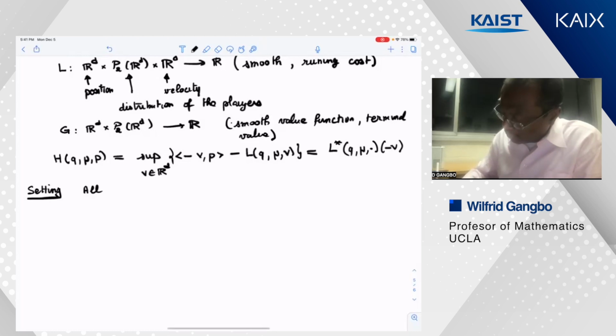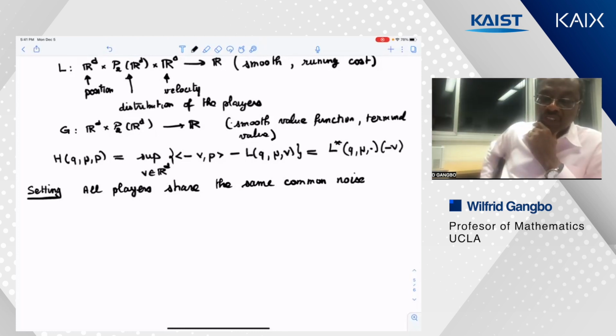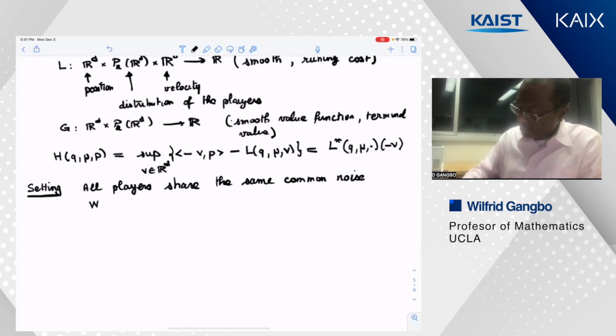All players share the same common noise. I am not telling you how they share the same common noise because I don't want to introduce the notion of a Brownian motion at this point. Otherwise, there is a Brownian motion W naught, which affects every player.